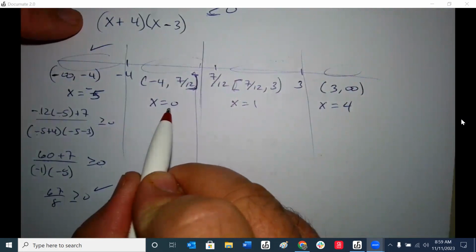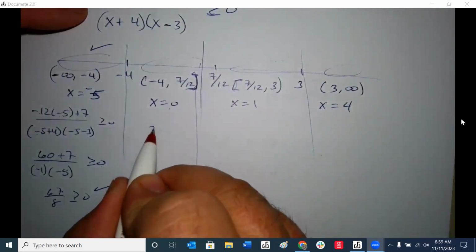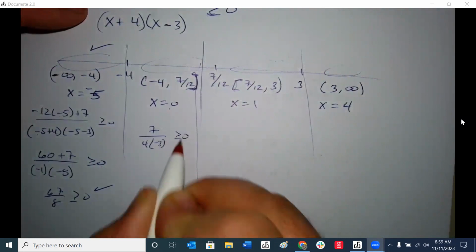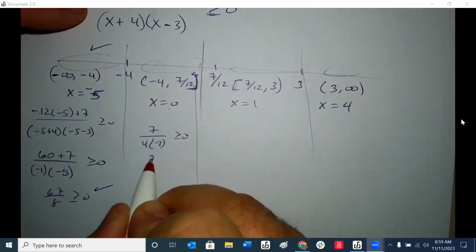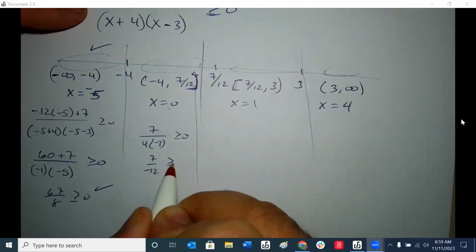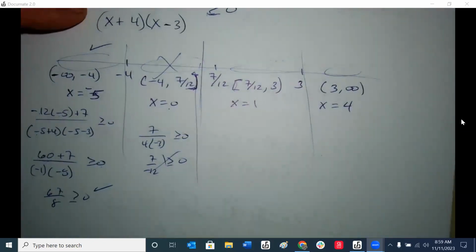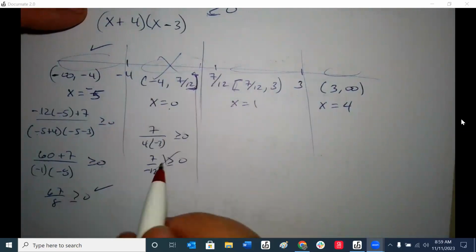At this one, when x is 0, we have 7 over 4 times -3. It's 7 over -12. It's not positive, so we can't use it. So that means this one's below.